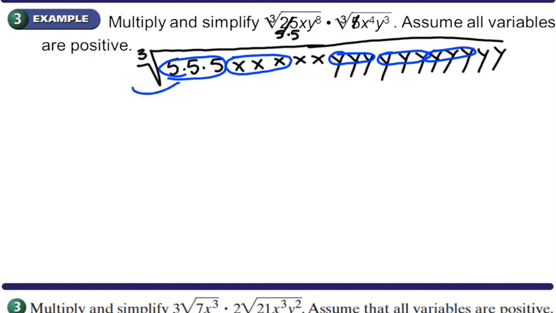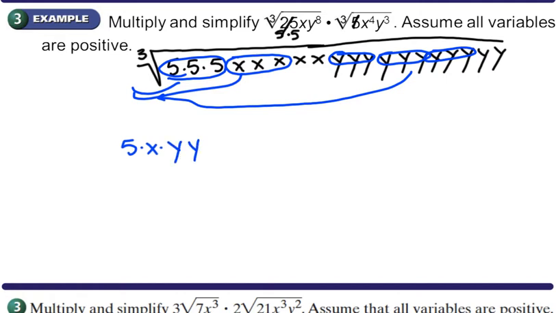So now we bring this 5 out, we bring this x out, we bring all of these y's out, and so outside we now have 5 times x times 1, 2, 3 y's. Cubic root, this is gone, and these are gone.